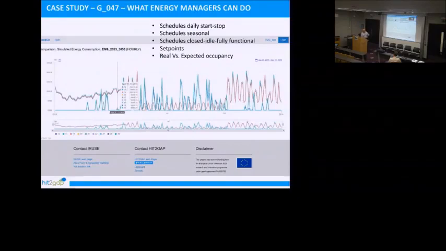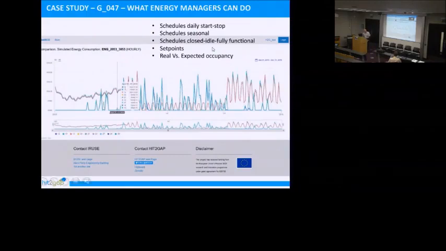So another thing you can do is change the set points, because the set point is one of the inputs. So the temperature of this room and the hysteresis, so how big the set point band is going to be. If there is a cooling or a heating set point, you can also change it.